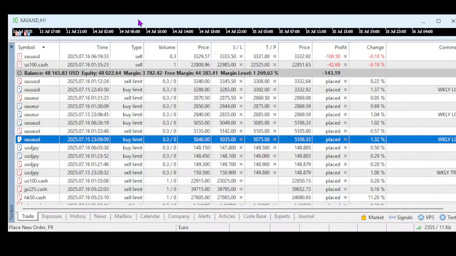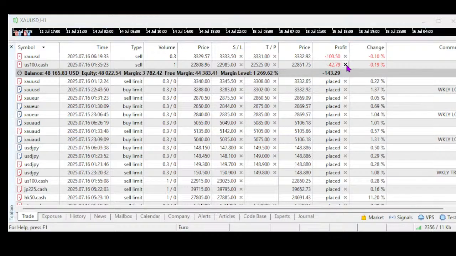We would go for a sell. Okay, sell 5120, stop 26 and 5100.